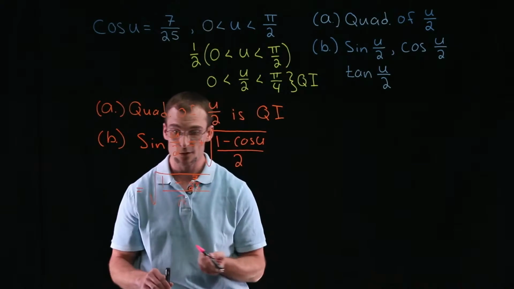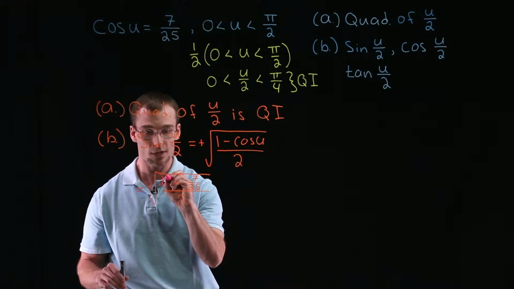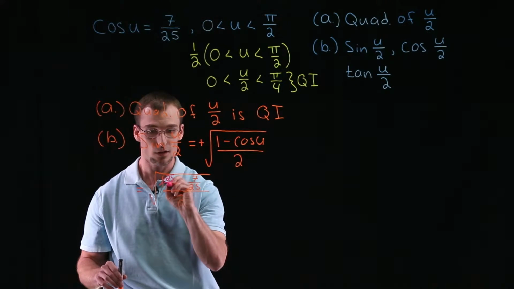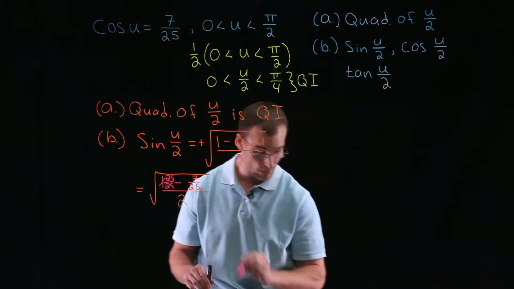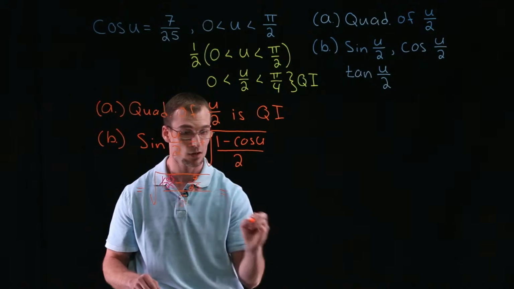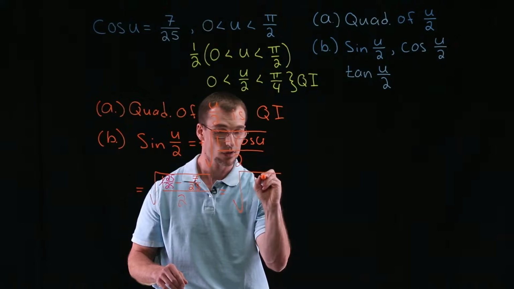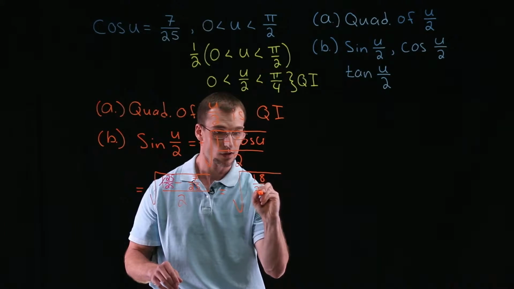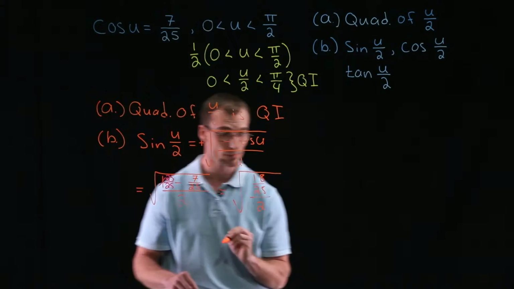Doing some fractional arithmetic, we think of 1 minus 7/25 as 25 over 25 minus 7/25, which gives us the square root of 18/25, all divided by 2.